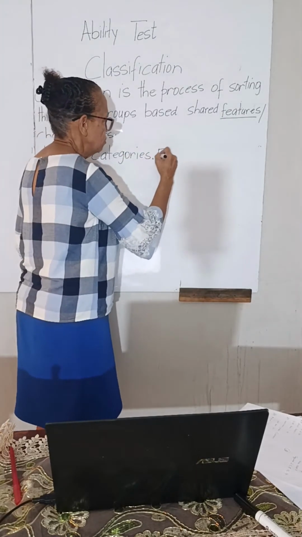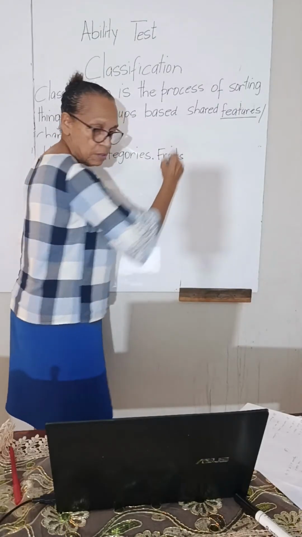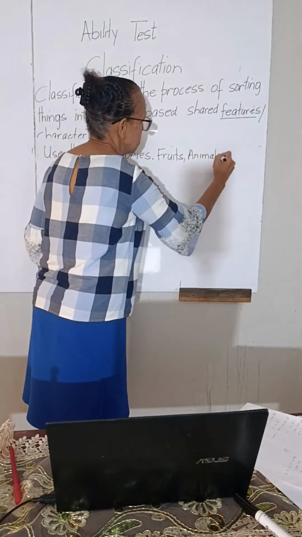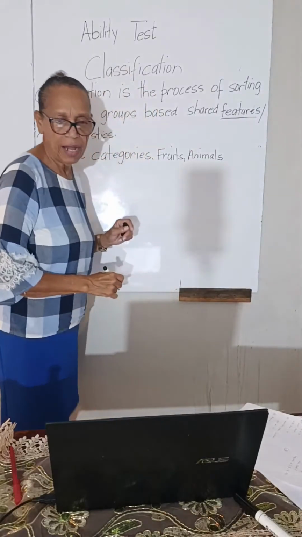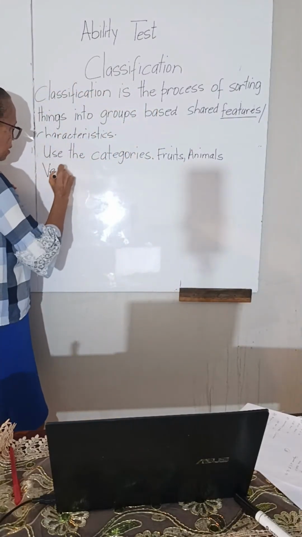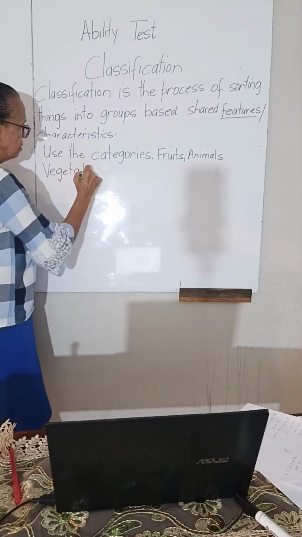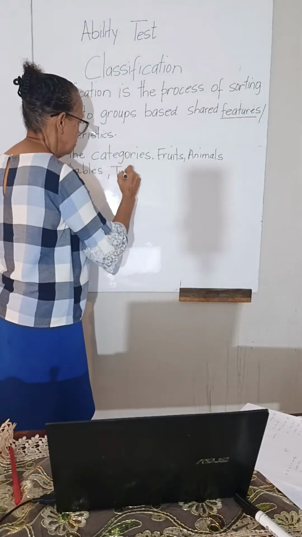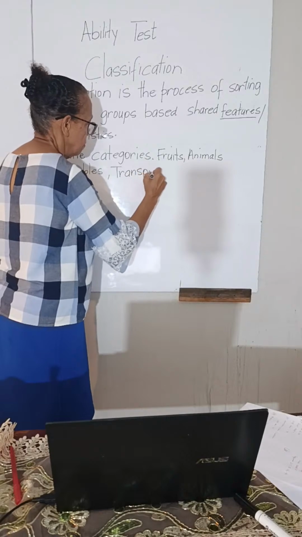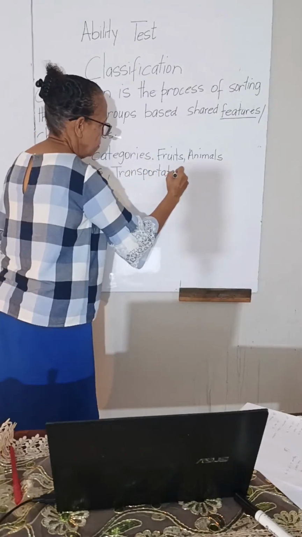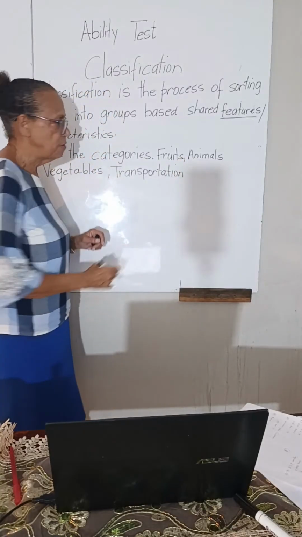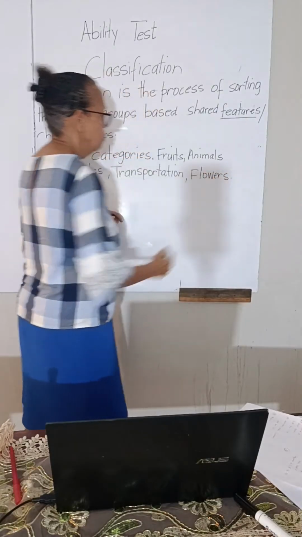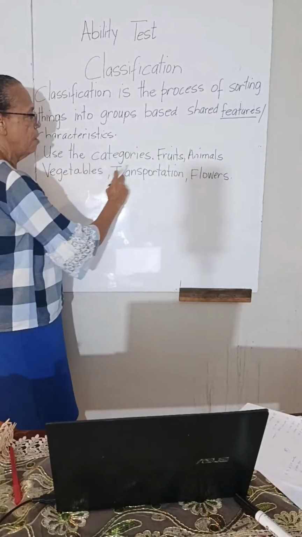So you have 1, fruits, animals, vegetables, transportation, and the last one, flowers. So you have 1, 2, 3, 4, 5 of them.